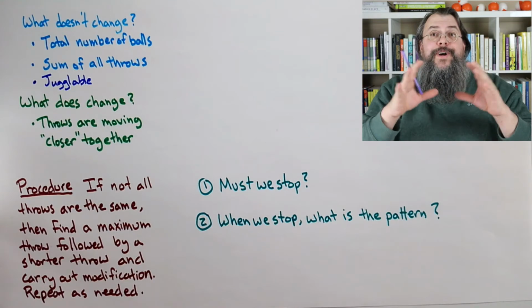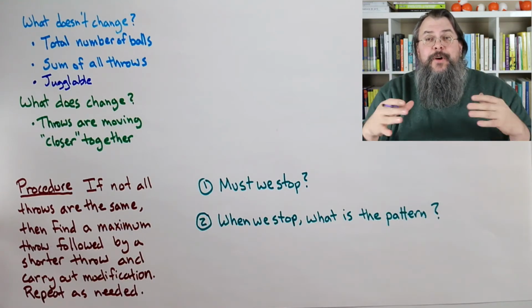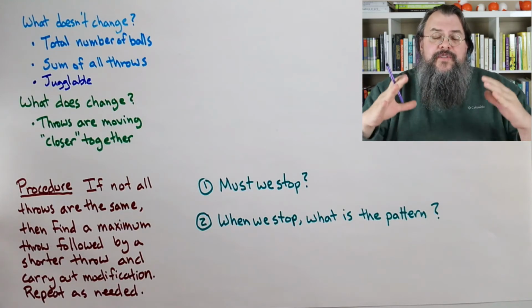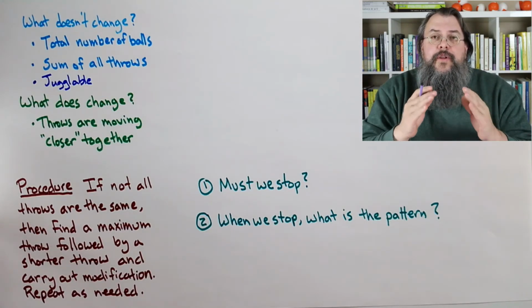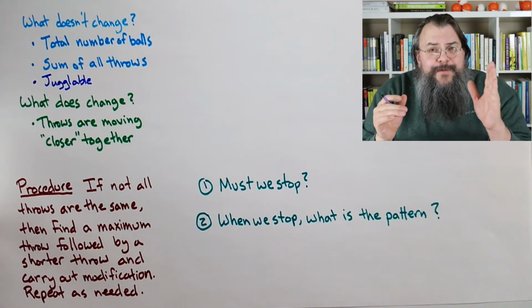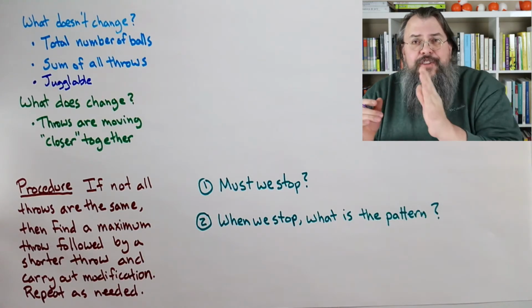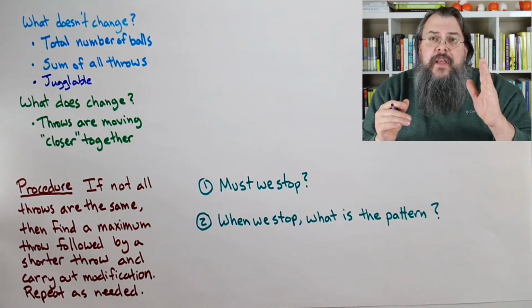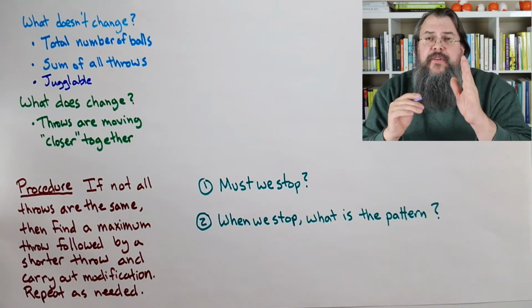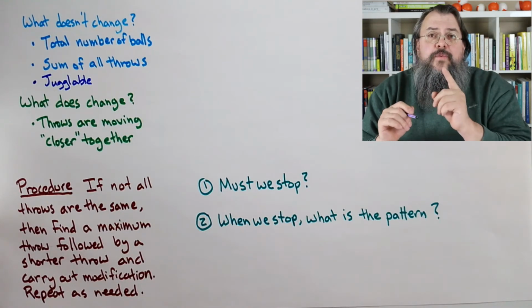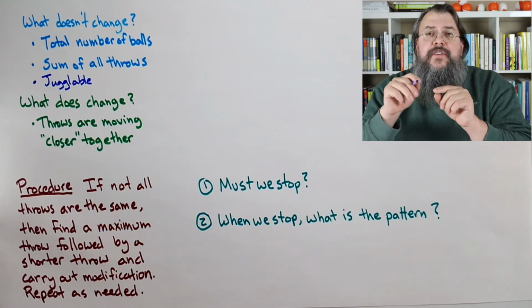So what's our general procedure? We have this idea that we want to somehow move the throws closer together. So what we're going to do is start with your pattern, and look for a maximum height throw. Among all the maximum height throws, we find any one of them where the next throw that's made goes down.